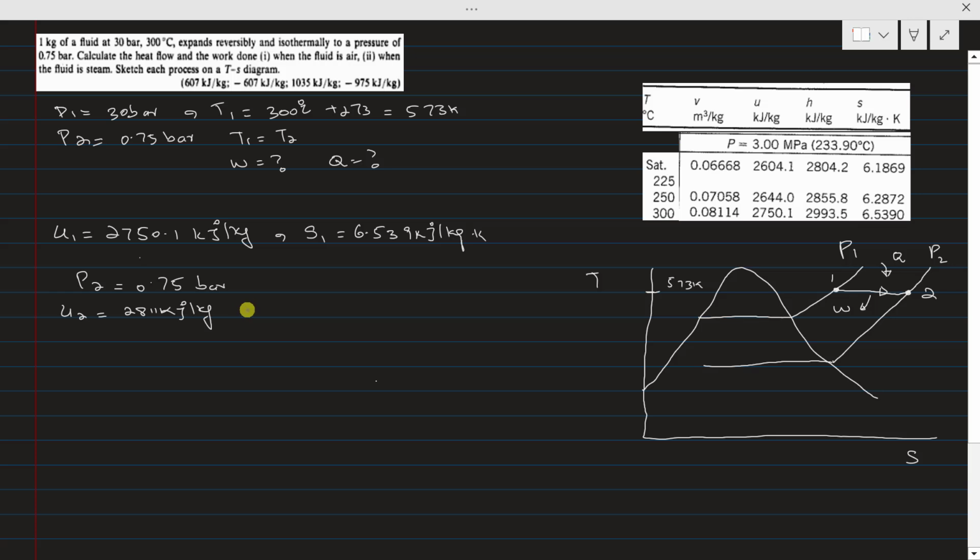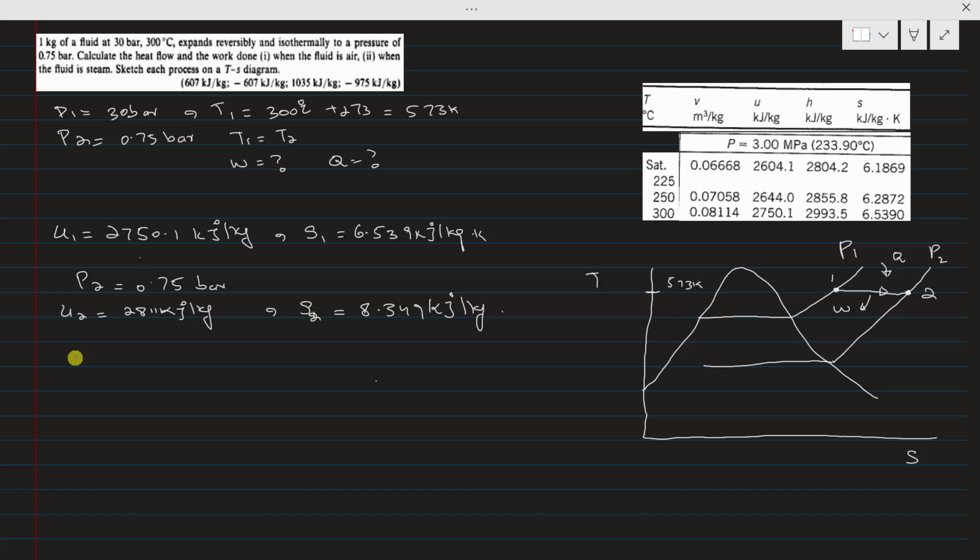I haven't found that portion of the steam table, so you can search on Google, you can easily find it at this pressure of 0.75 bar. You will find the enthalpy value and the entropy value for our state point 2, that is 8.349 kilojoule per kg Kelvin. So all the parameters for state points 1 and 2 have been determined.